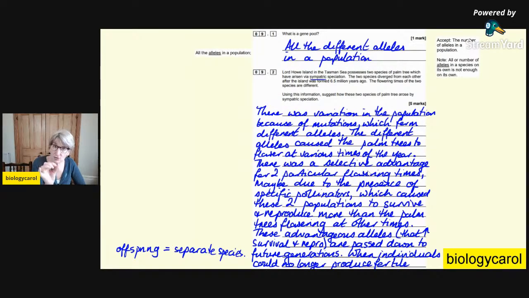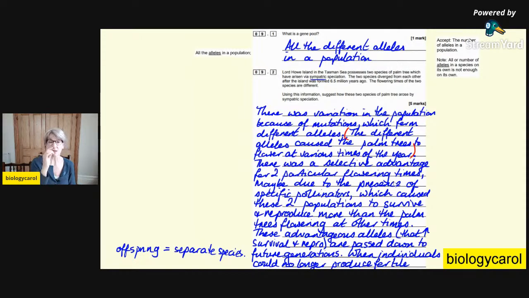But here's the crucial thing. At two different flowering times, there was clearly a selective advantage. This sentence here is one I probably didn't need to put. I'm just emphasizing that we've now got a variety of flowering times.